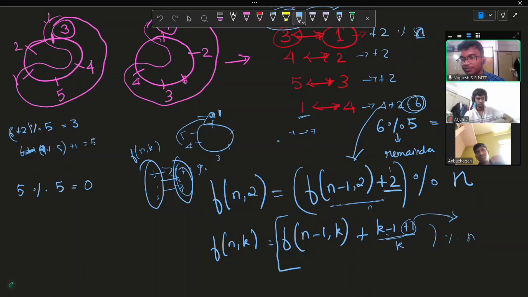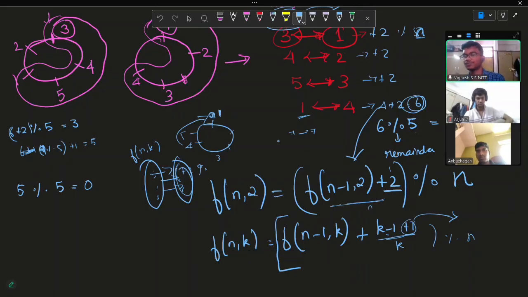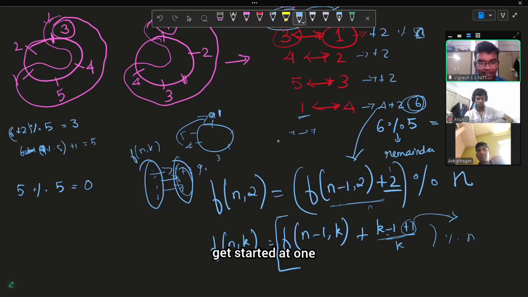If the number comes as 5, the number can be 5; it can move on and go to 6, not just sit at 0. Basically in computers the remainder starts at 0, but we want the remainder to start at 1.